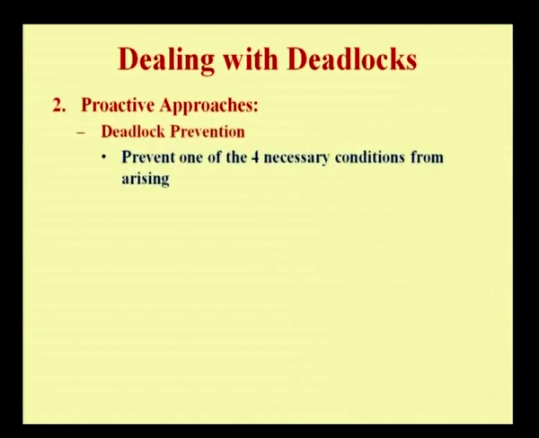Then the second approach is called the proactive approach. In the proactive approach, we have the deadlock prevention method. How to prevent it? We have 4 necessary conditions for preventing a deadlock. Those 4 necessary conditions, we will be seeing in the forthcoming slides. So as of now, let us consider there are 4 conditions to prevent a deadlock from happening.